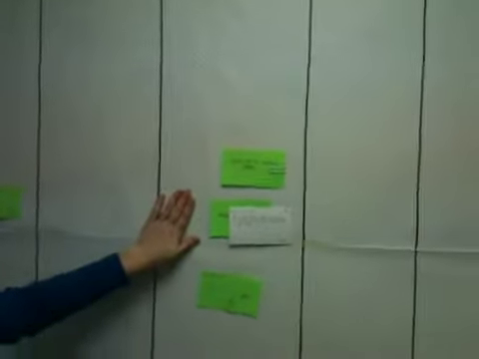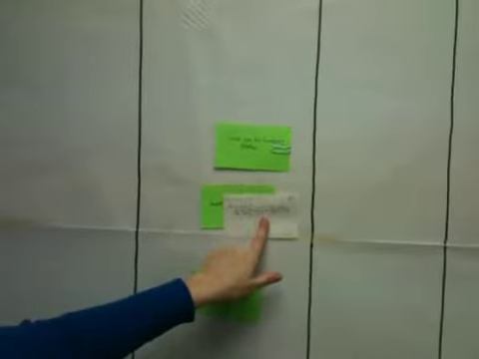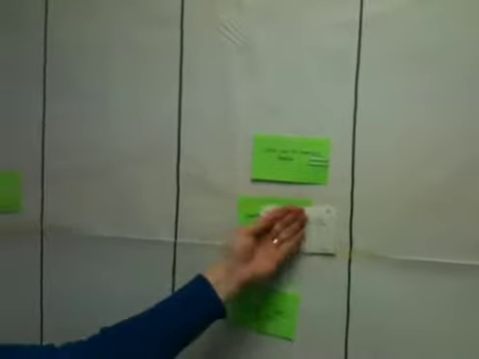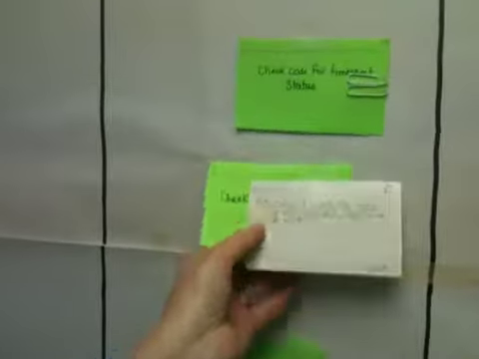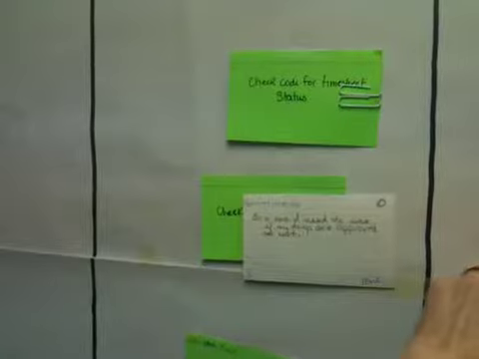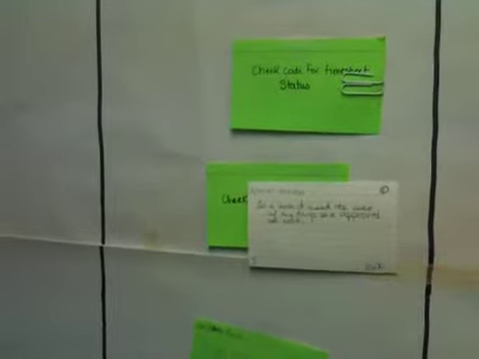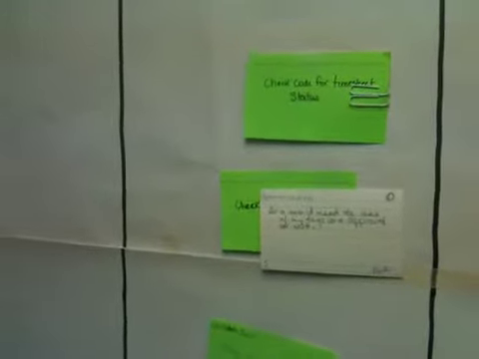When the task has been tested, it goes into Subversion, which is our code repository. Once all of the tasks for a specific user story have gone into Subversion, that user story is put over here, and we know the whole user story is ready to be deployed to our development server. So the white card means that all the tasks for that story are done.